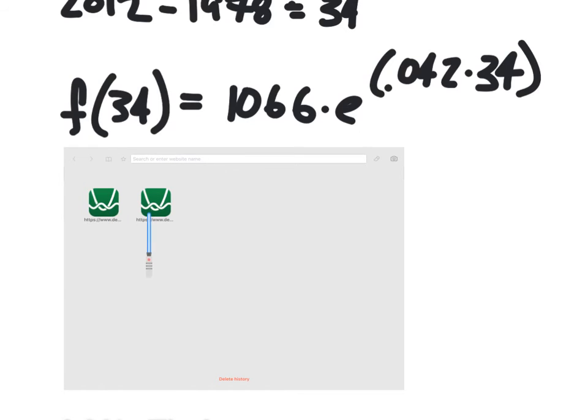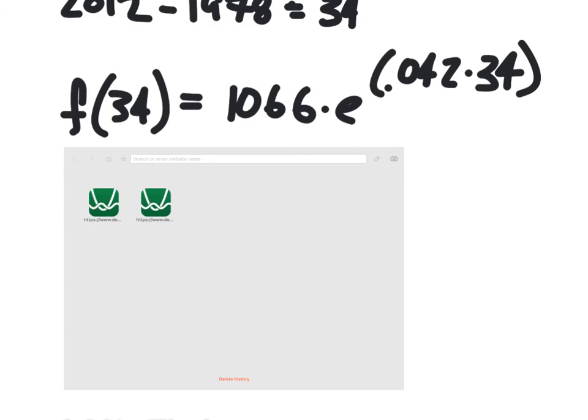Notice what happens: when I type in that number e, all of a sudden it gives me a number. I'm taking 1066 times this number e, and then I go back to my numbers and raise this to an exponent. I put parentheses around my exponent, and I do 0.042 times 34.